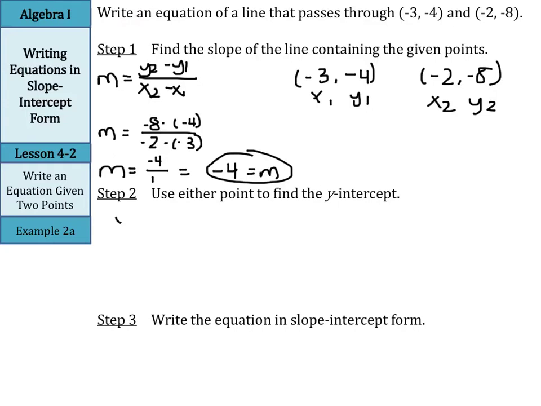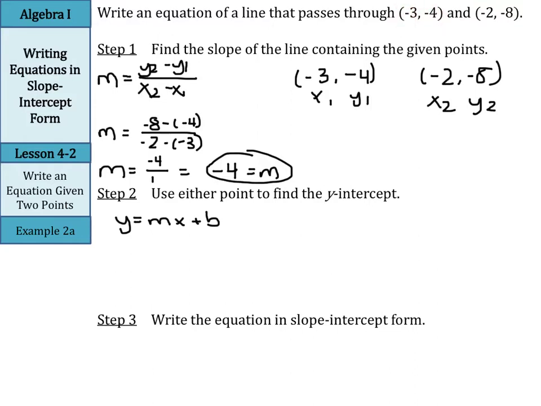So again, start with y equals mx plus b. And the neat thing is you can use either point here. You could use (-3, -4), or you could use (-2, -8), and you would get the same answer. We'll go ahead and use the first one, though.